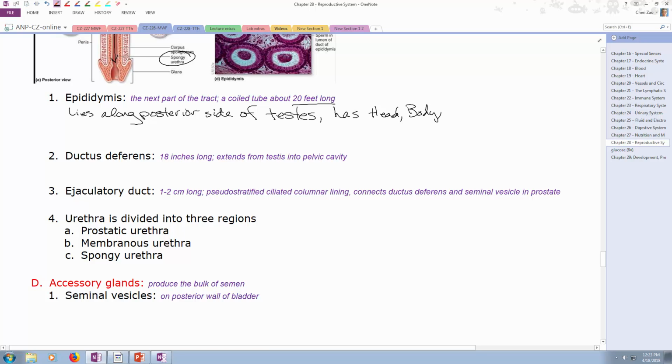And is connected to the testes at the area of the head by efferent ductules. So that's the connection there. Immature sperm are actually stored in the epididymis and they mature.